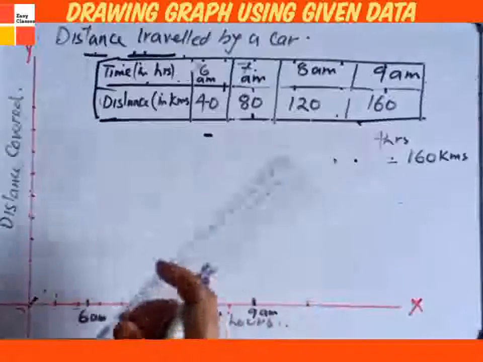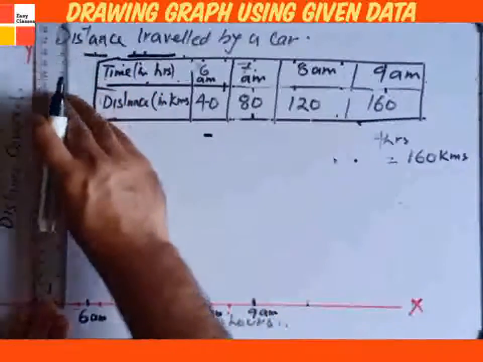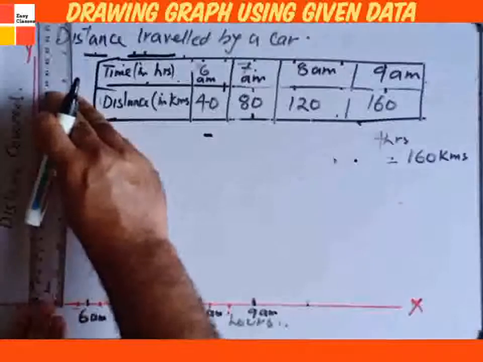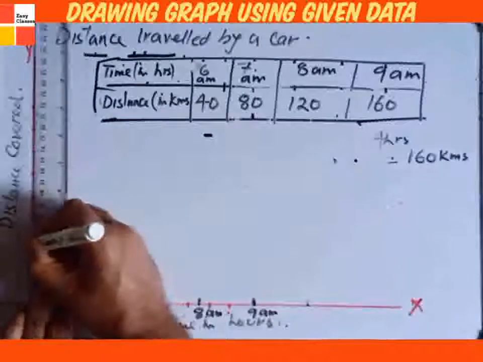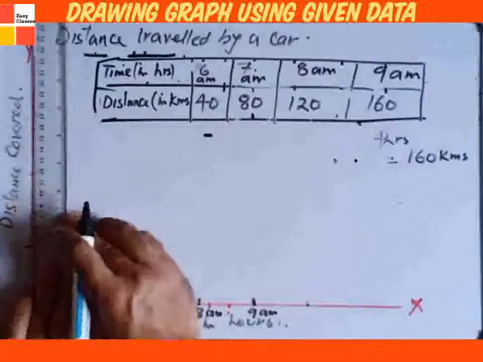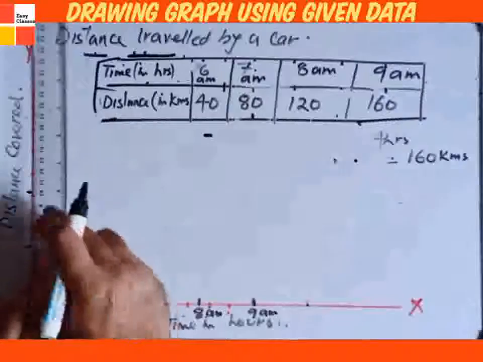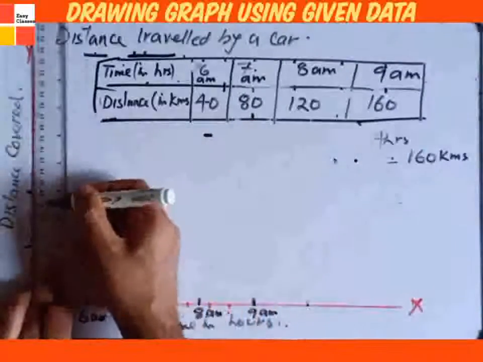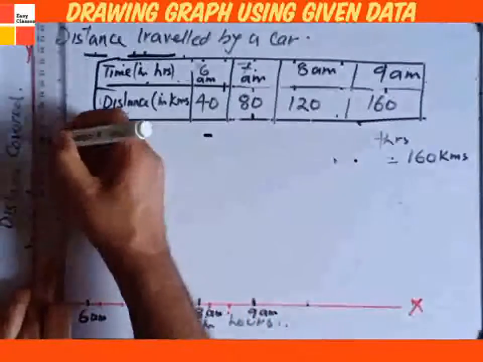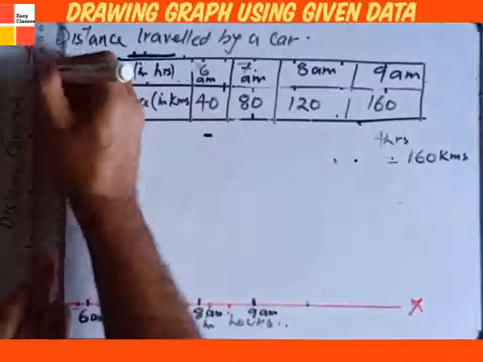Then on the y-axis, we'll again use the same scale. Say, for example, 5 centimeters is equal to 40 kilometers. Another 5, so that means 10 centimeters, is equal to 80. Then another 5, that will be 15, then 20, then 25.